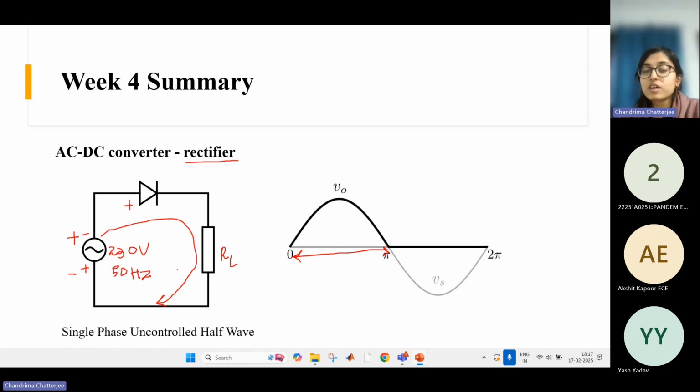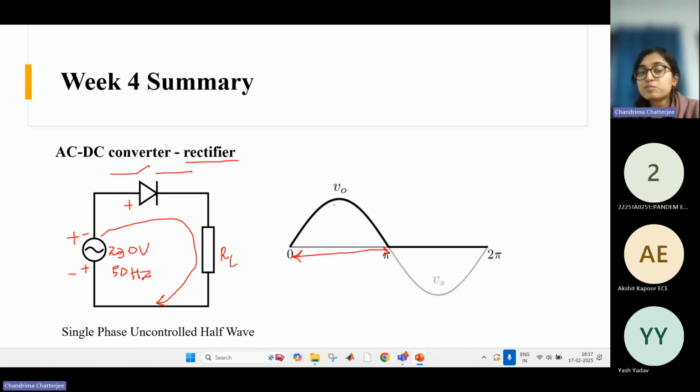Now there will be no current through the load resistance because this path is open. The diode can't conduct, so there will be no voltage across the load resistance, right? Because there is no current, so no voltage drop across the load resistance. The voltage will be blocked by the diode in the reverse biased condition.